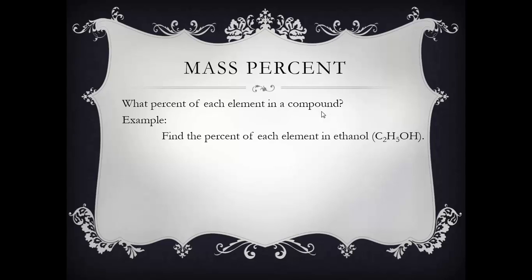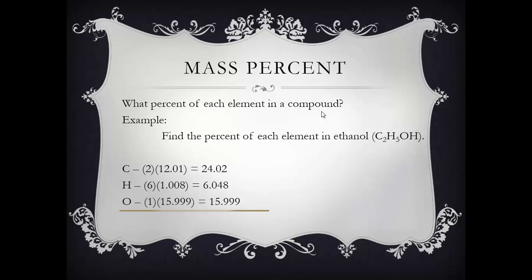Alright, mass percent. Mass percent is pretty simple. It's just like finding a percent of a grade. In this case, we have three elements in ethanol: carbon, hydrogen, oxygen. So the first thing is to find the molar mass of your compound. So there's 2 carbons, 6 hydrogens, and 1 oxygen to give you a total of 46.07 grams per mole.